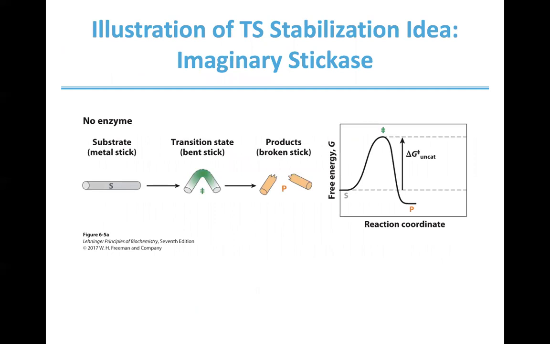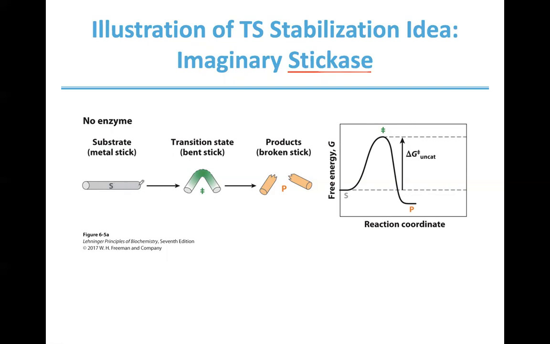So let's look at a specific example. Let's say we have a stick, and we have some kind of enzyme. Let's call it stickase or something. The stick is the substrate, and -ase, we're going to break it: stickase. So let's say we have this metal stick that we're going to break in half, and the enzyme is going to accomplish that.